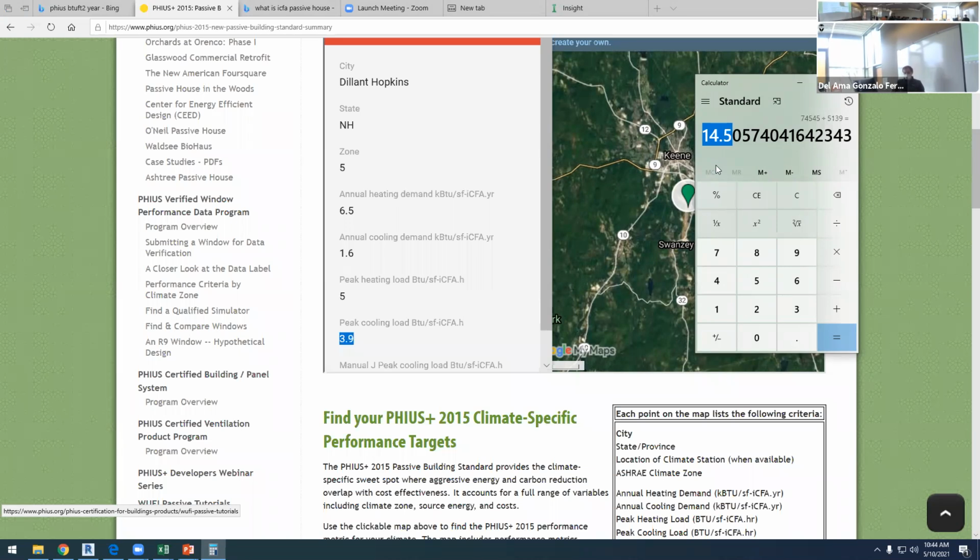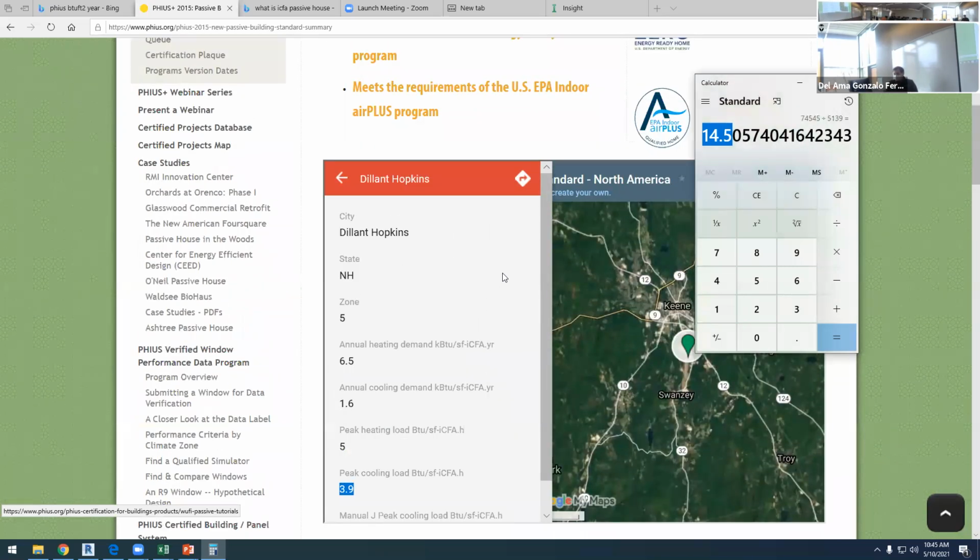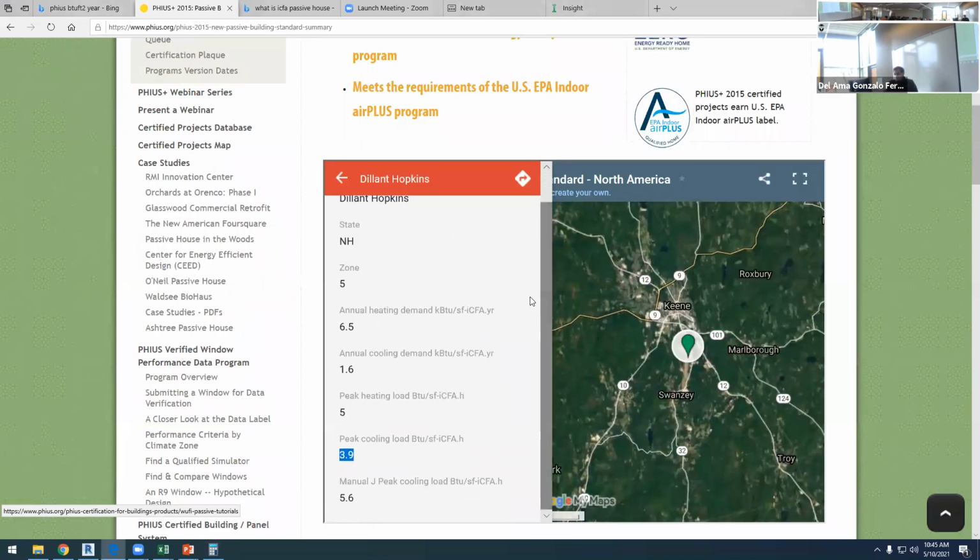So even this building, which is a LEED Platinum building, we are far from these passive house standards. And we are far because of the amount of glass that we have in the building. I wouldn't change it. But we have to understand where we are, and meeting passive house standards is quite tough.